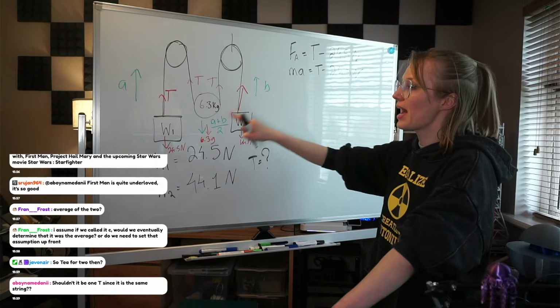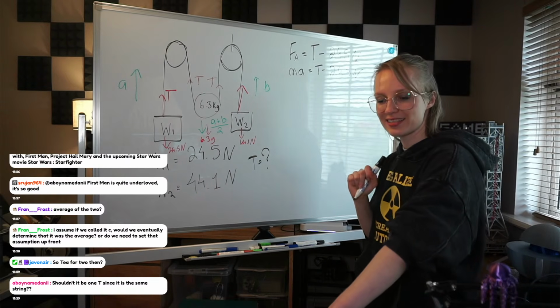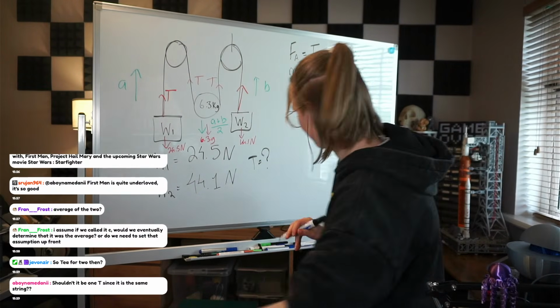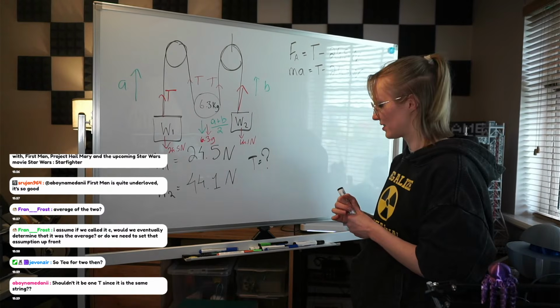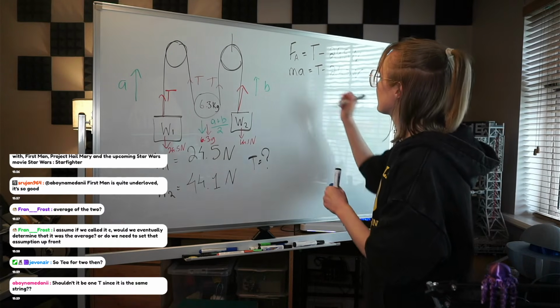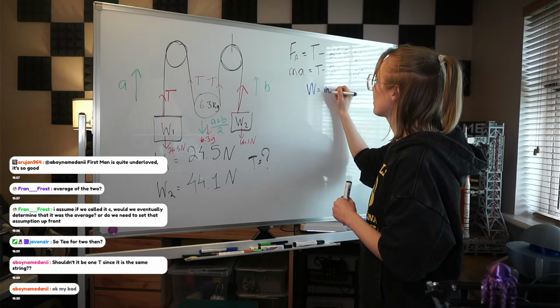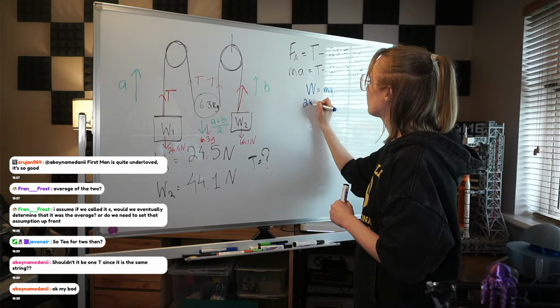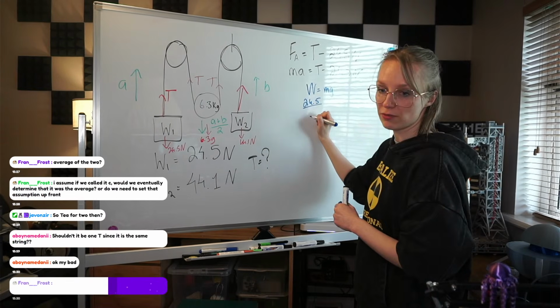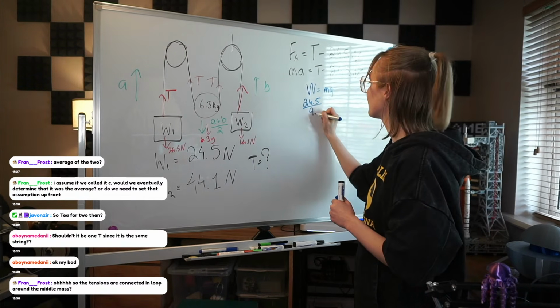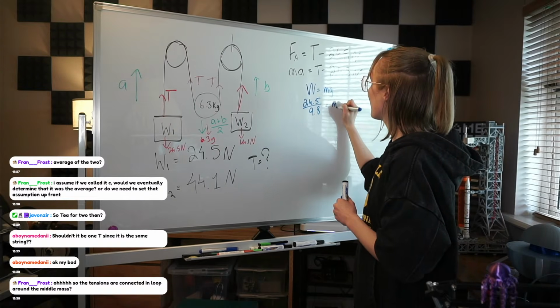Do we know what the mass of this block is, chat? We're going to go on a side quest. Weight is equal to mass times gravity. 24.5 newtons divided by gravity, in this case 9.8, is equal to the mass.